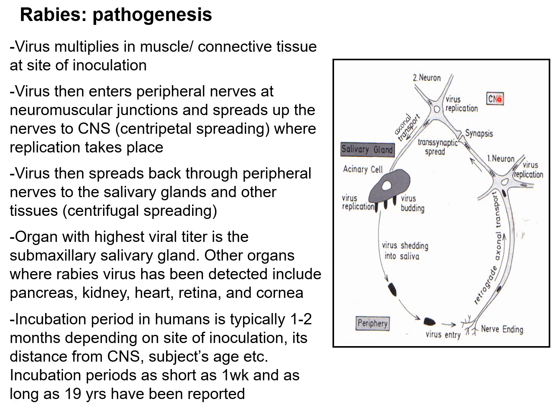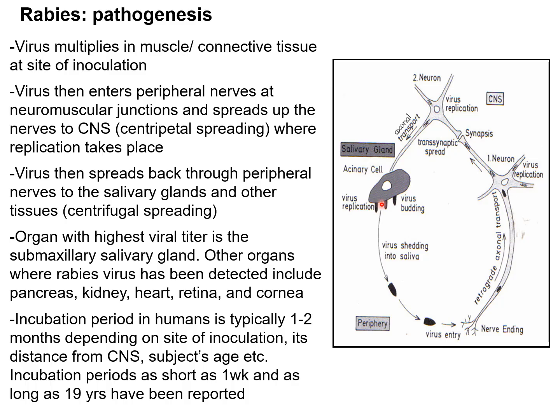Replication will happen there, and then the virus will spread outwards through the peripheral nerves. This is centrifugal spreading. It will go to various types of tissues, including salivary glands, and the organ with the highest titer of the virus is the submaxillary salivary glands.